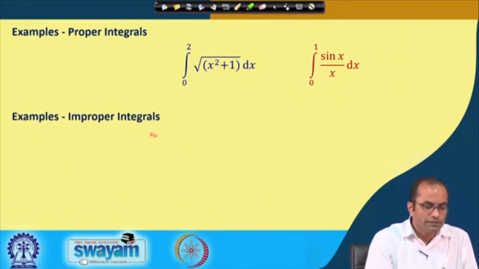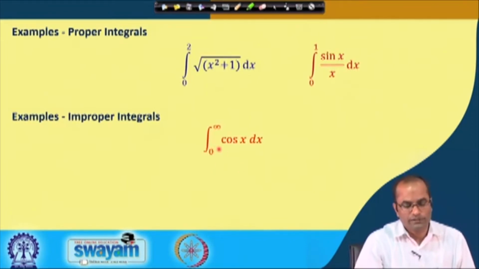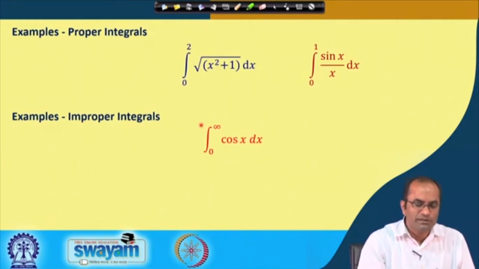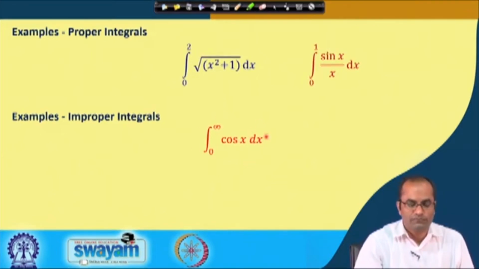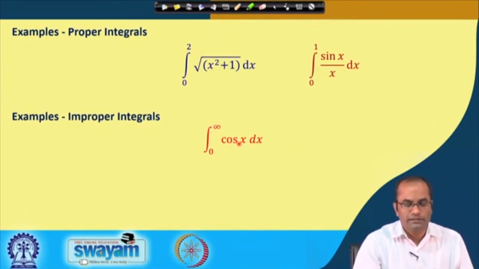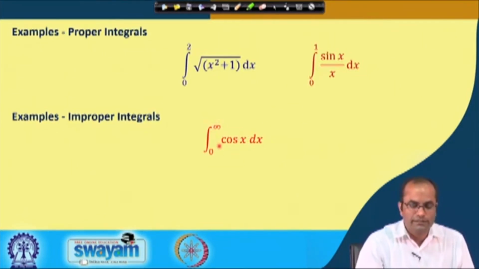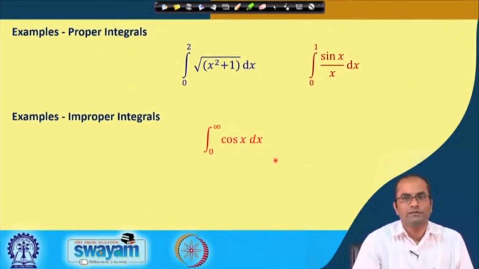Coming to the improper integrals, so here we have, for example, 0 to infinity cos x dx. So, this is the improper integral of kind 1 or the first kind, because here in the limit we do see infinity, but the integrand at any point is bounded. So, this is the integral of first kind.